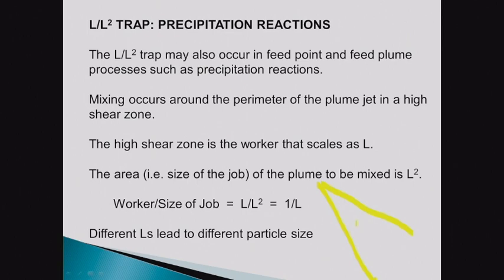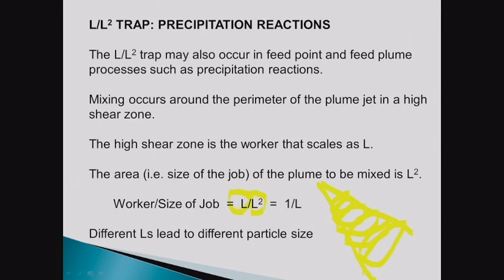Now then, where the reaction occurs, reaction occurs around the perimeter. There's where the mixing vortices are. So the size of the job would be the area of the plume, right? And the perimeter would be characterized by a length. So the reactor volume is L squared.